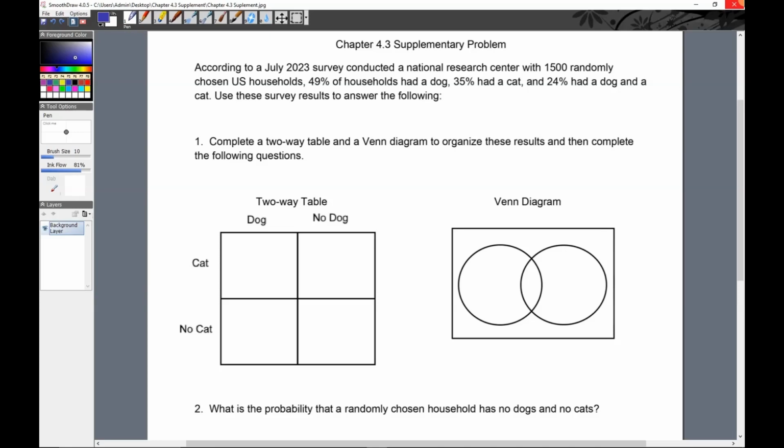Well, before I answer anything, I'm just going to go ahead and define some variables. I'm just going to let C be that a person has a cat. And I'm just going to use D to represent has a dog.